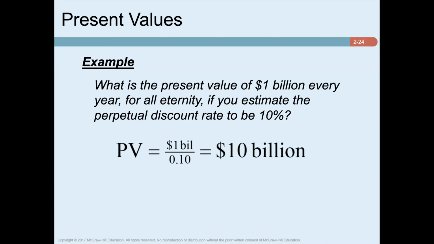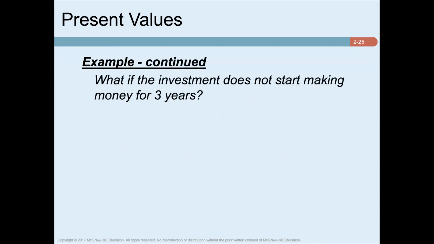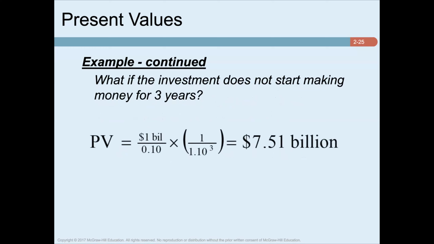What about if we won't get the money until 3 years from now? Then we discount it. So this is 0, 1, 2, 3. We get the $10 billion, not now, but in 3 years.